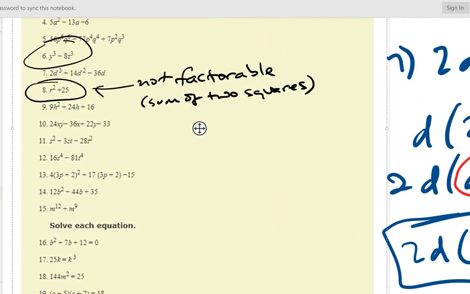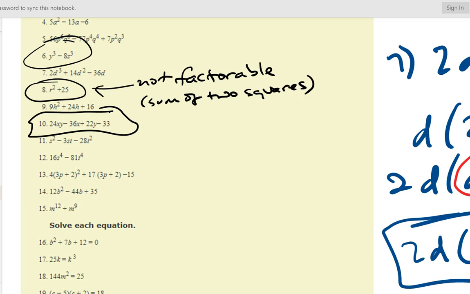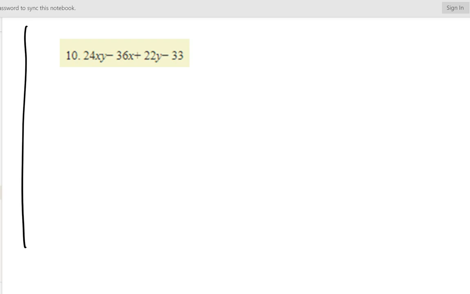Now, there are some that have to be factored by grouping. So if there's 4, it's usually by grouping. So 4 terms is by grouping. So what I'm going to do is I'm going to pause the video, I'm going to grab that, I'm going to pull it over. Okay, so if there's 4 terms, so this is the fourth way, so 4 terms, okay, you really want to see, is there a common factor? First of all, you want to see if there's a common factor.